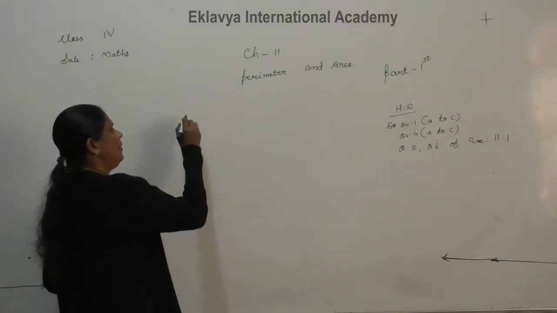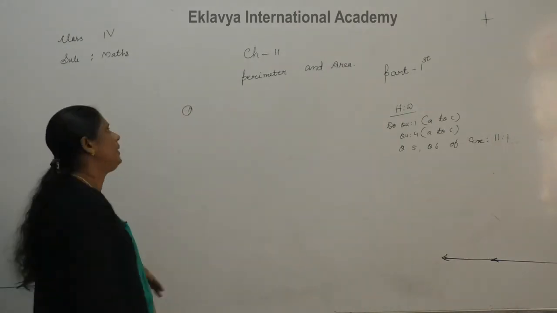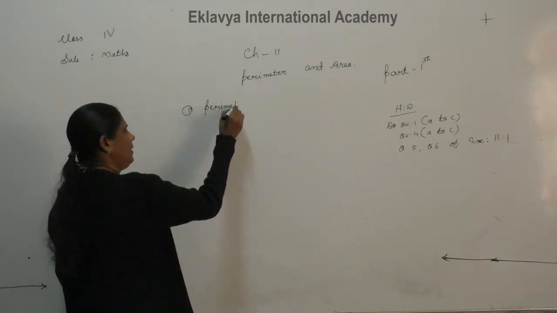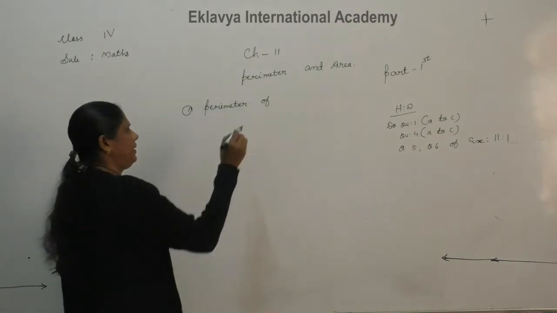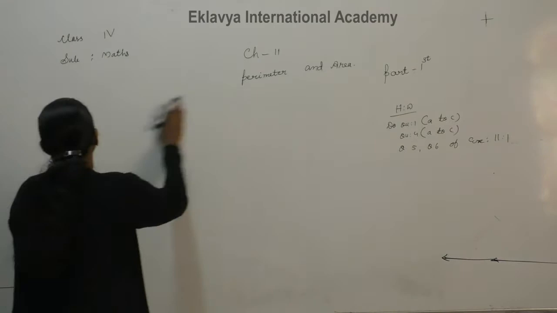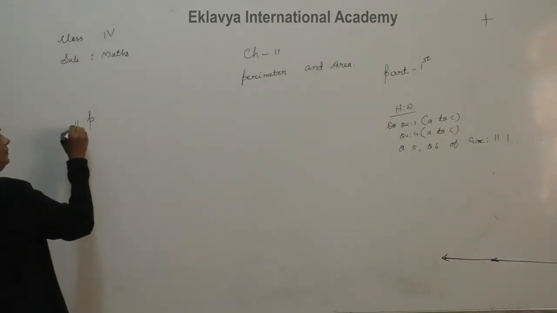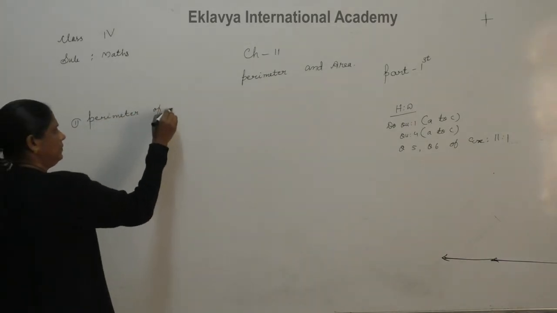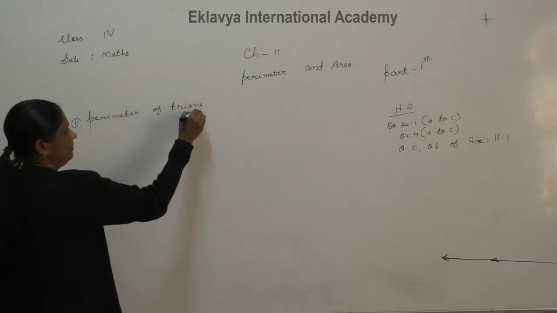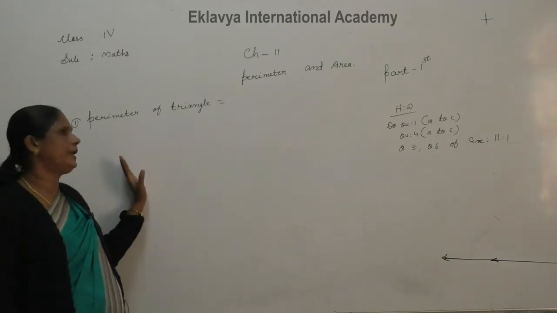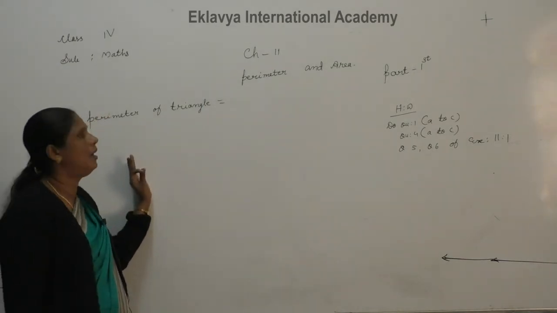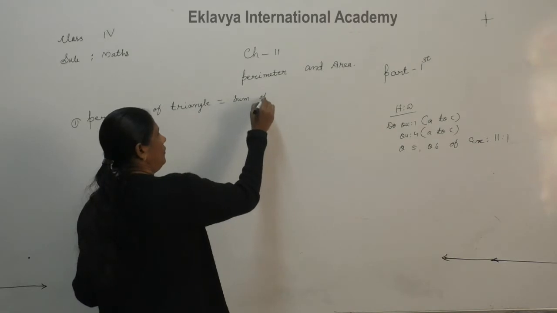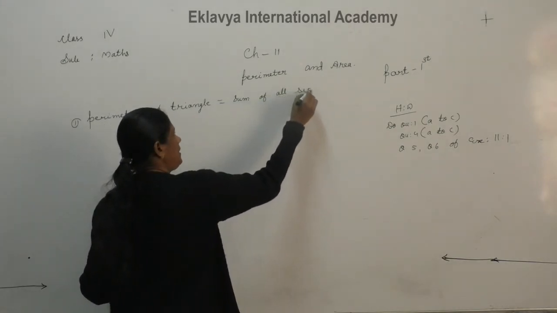First you write the formula: perimeter of triangle is equal to the sum of all sides. How many sides in a triangle?